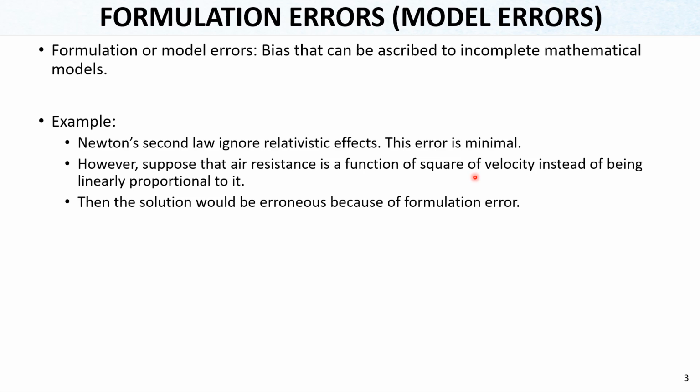And in that case, if we ignore that, if the air drag resistance is just eliminated from the calculation, then we can have a problem if it is dependent on the square of the velocity. Then the solution would be erroneous because of the formulation error. We need to be careful about these. So the assumptions that we make for generating the actual theoretical formulation basically create model errors, in summary.